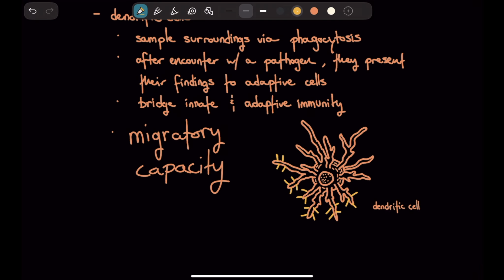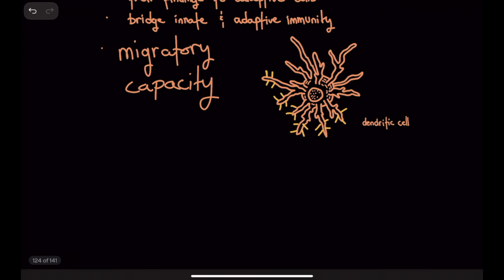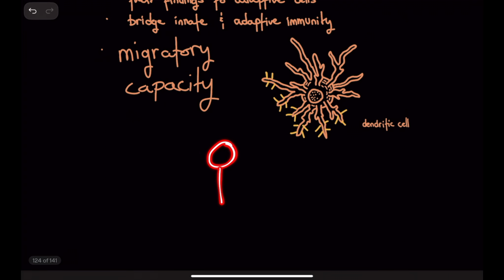And dendritic cells have another ability. They have a very high migratory capacity. They can travel throughout the entire body. So let's say you get a little boo-boo, I don't know, let's say in your knee, a dendritic cell here will travel to the lymph nodes. You have lymph nodes in like every vertex of the body, so let's just say it makes its way to your hip. Okay, it'll get to the lymph nodes there, or whatever closest lymph node is.